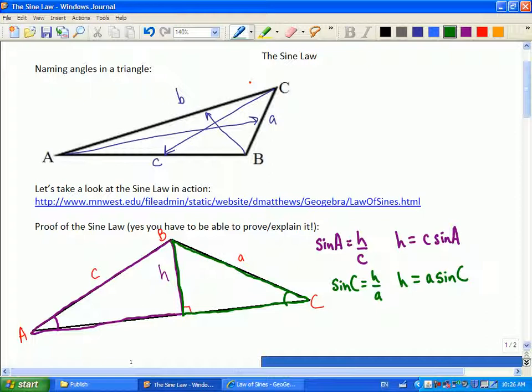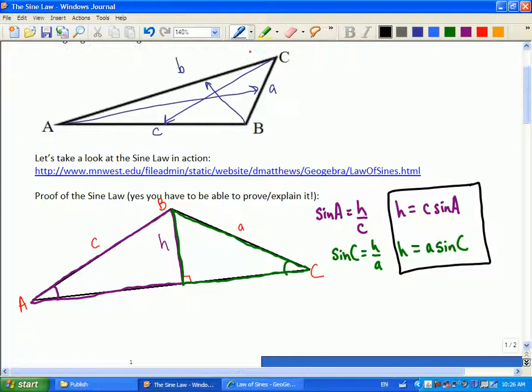So here's the thing: we have two different ways of writing down H, and that's how you end up using them to get the sine law. If H is equal to both of them, then I should be able to rewrite it like this: C sine A is the same as A sine C, because this is my purple height and this is my green height.